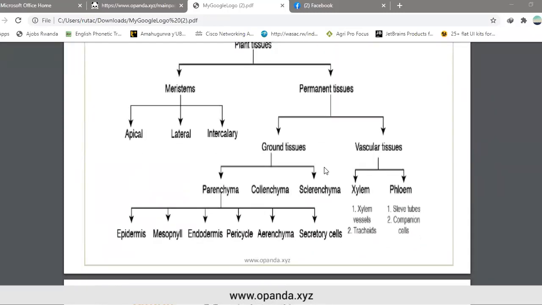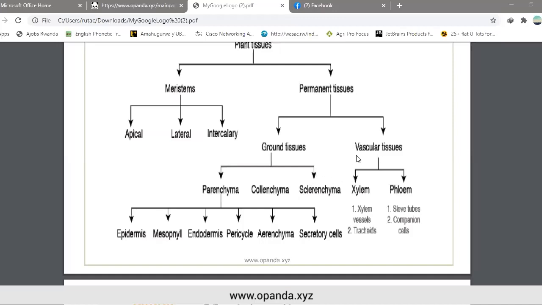Among the ground tissues, we have parenchyma, collenchyma, and sclerenchyma. Among parenchyma, we have epidermis, mesophyll, endodermis, pericycle, parenchyma, and secretory cells.